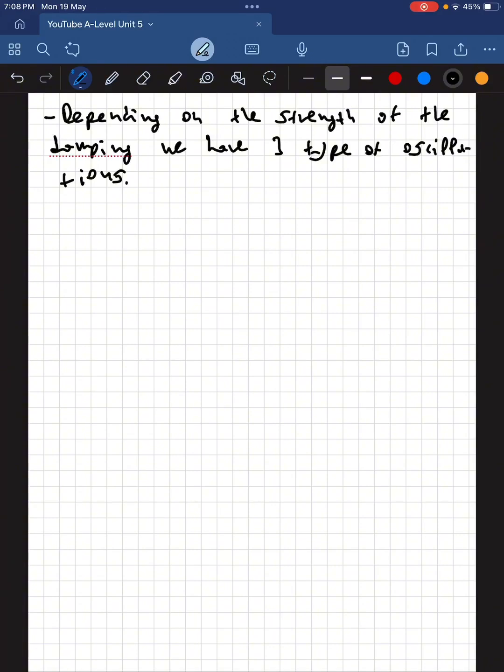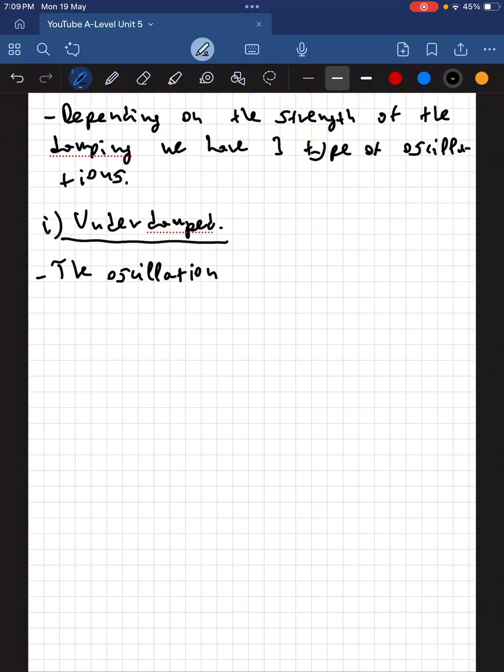It would have been better to write damping oscillations, but anyway, you get the point. So the first one is underdamped. So in this kind of motion, the oscillation dies off gradually, in an oscillatory fashion.